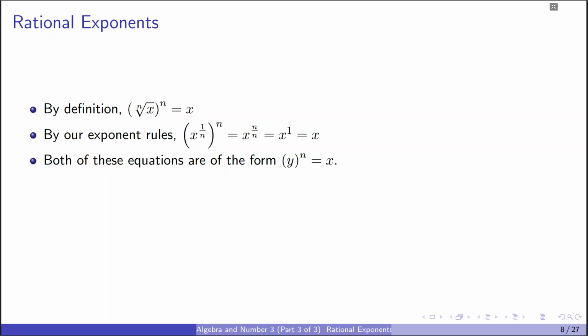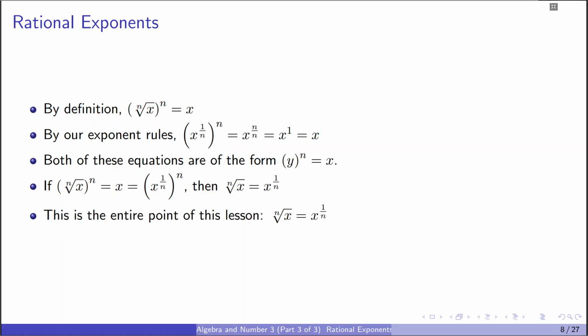That means when they match the forms, whatever's in the bracket has to be equal to each other. So the only way these work is if what's in the bracket matches. So the nth root of x is x to the 1 over n. This is how we interpret exponents with denominators. The denominator is that root of the number.